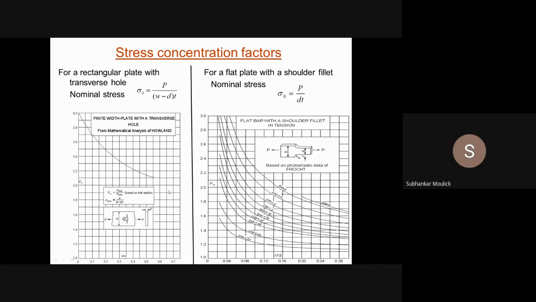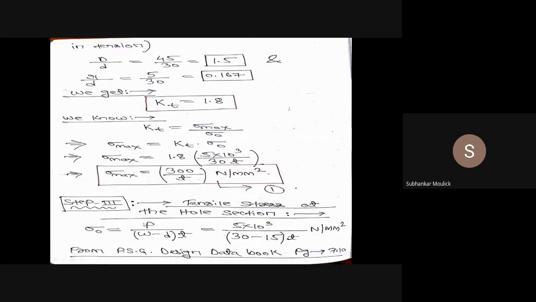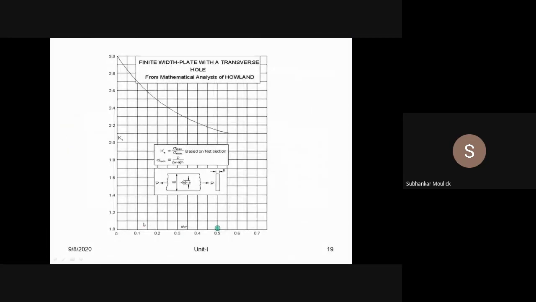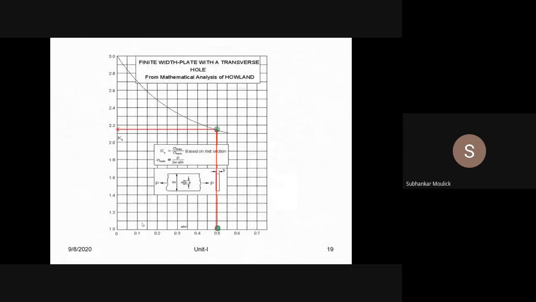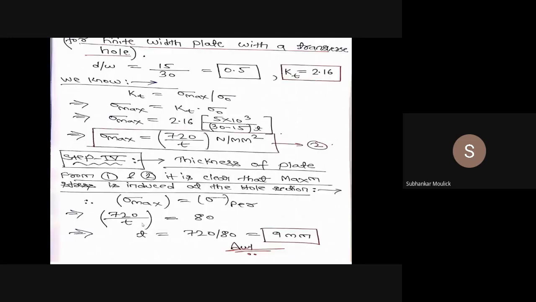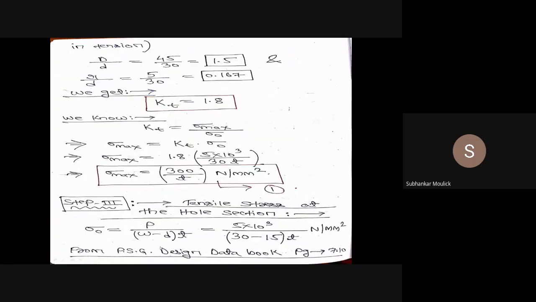See, a flat plate with a central hole. This particular length is the width of the plate. So in our case, the width of the plate will be 30.